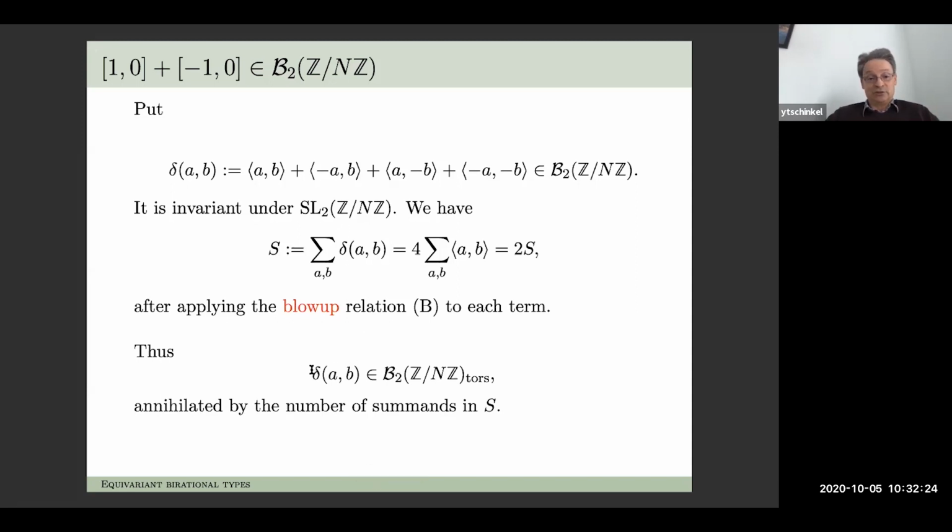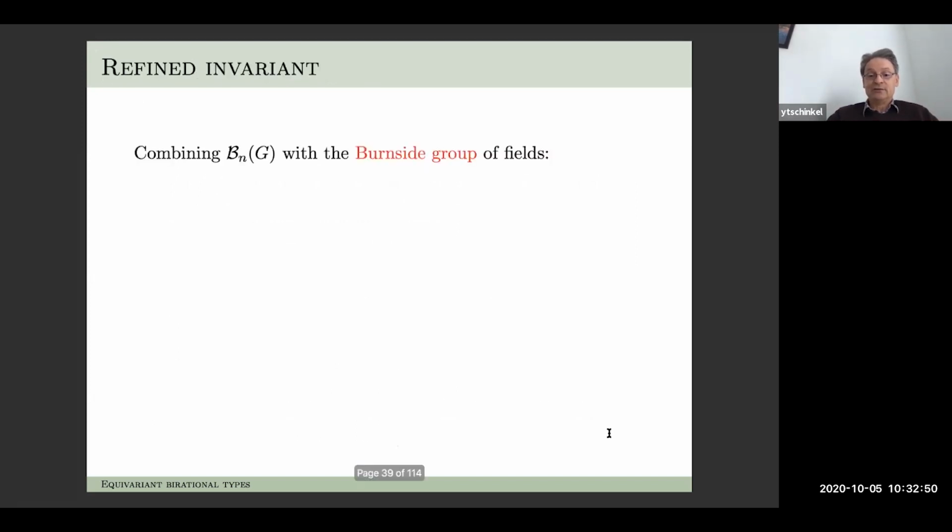So in other words, delta is a torsion element in B_2. And so then the only thing we need to do is to put B equals 0, and then we see (A, 0) minus (−A, 0) is torsion. And so A equals 1, that gives us the class of the projective plane. But as you can see, the relations only involve 2 entries. So whenever we prove something for 2 entries, we have it automatically for all the B_n's.